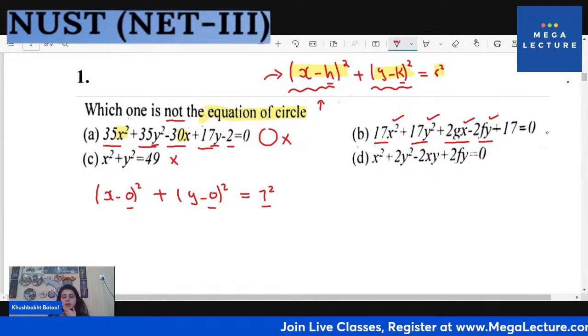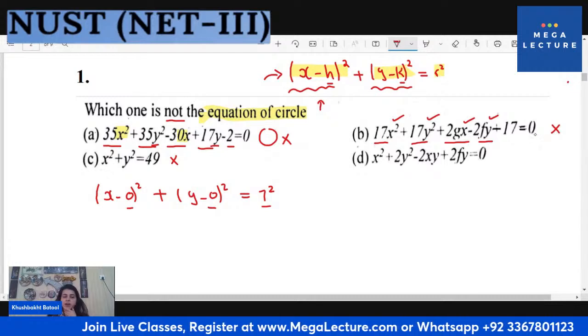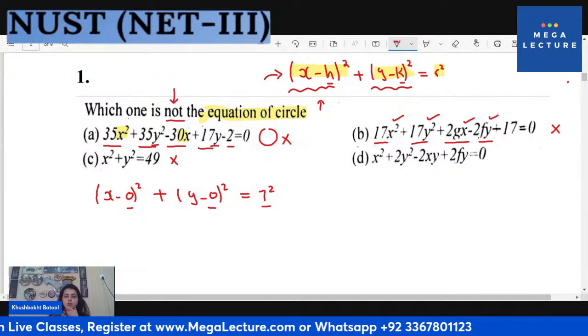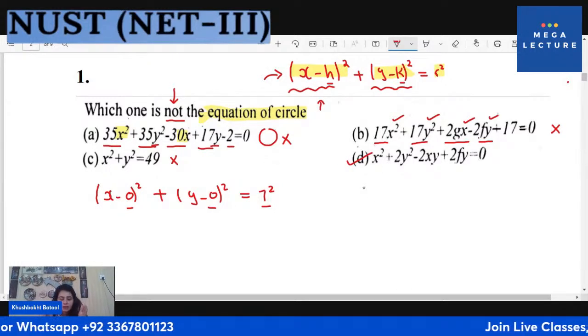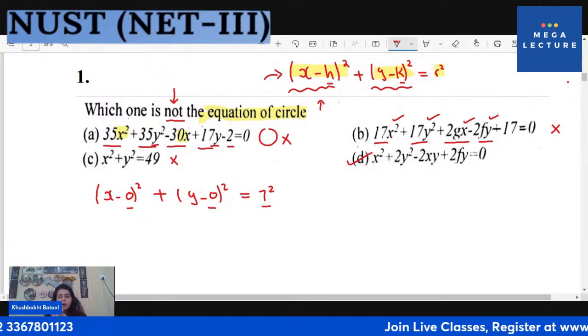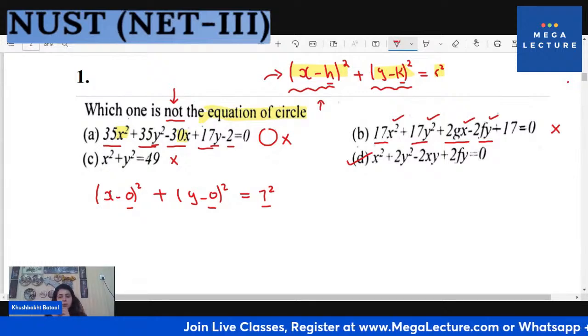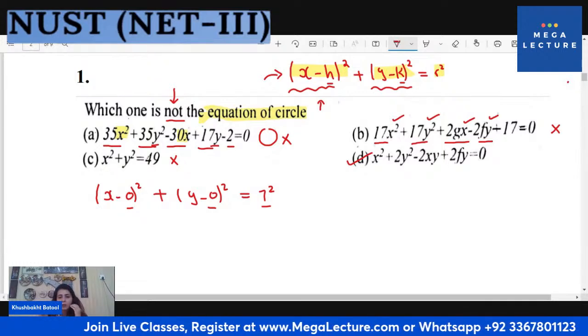So this again is the equation of a circle, so this cannot be the answer because we're looking for not the equation. This means we are left with D, so D would be the answer. But since right now we are not in the examination hall, we are preparing for the contents and we are more interested in seeing why D is the answer. So let's talk about it directly.